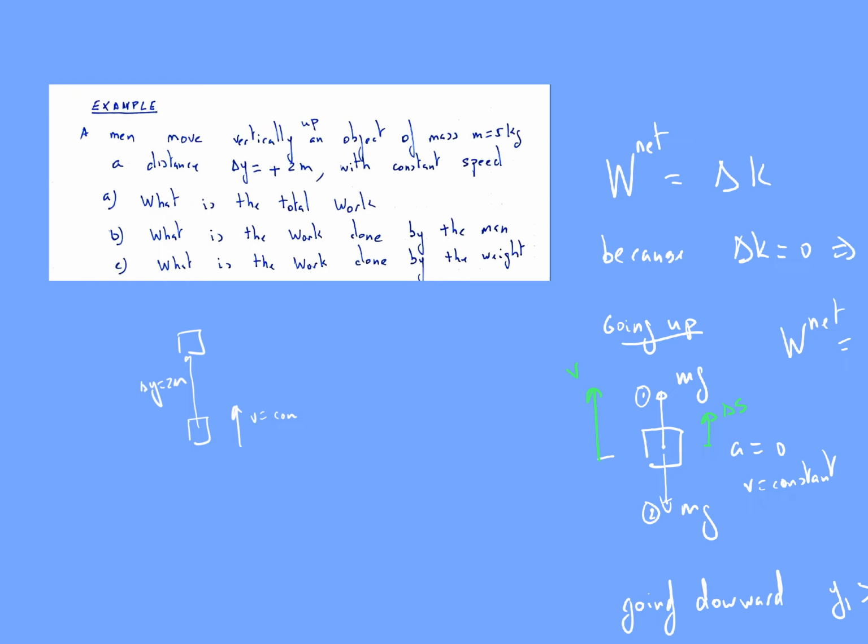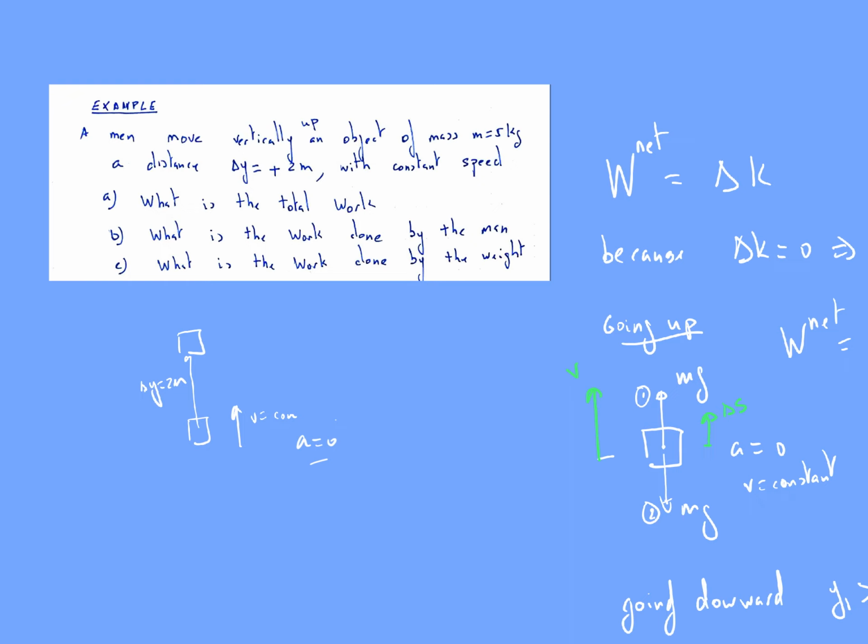Okay, so the object is moving with constant velocity. The only way to move with constant velocity is if the sum of all the forces is 0, because constant velocity means acceleration equals 0. So if the acceleration is equal to 0, it means that the sum of all the forces is 0. Now I want to emphasize that the change in the kinetic energy is due to the net force acting on the body.